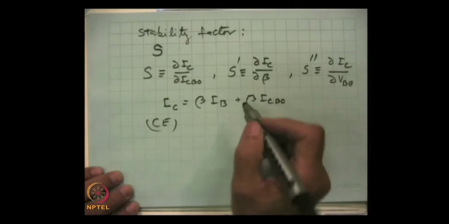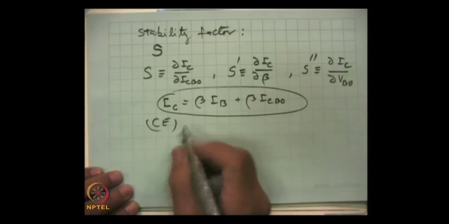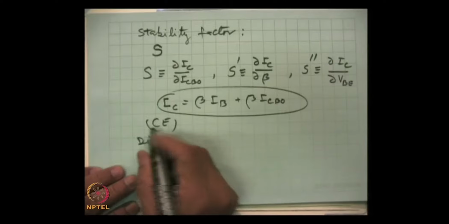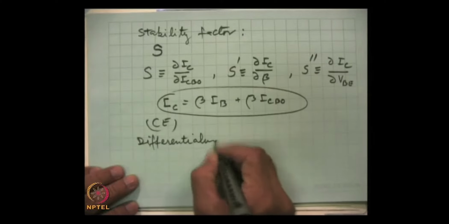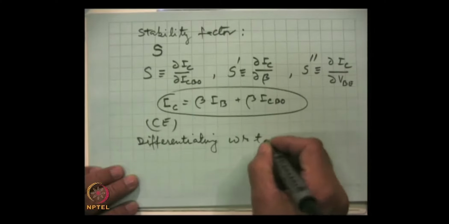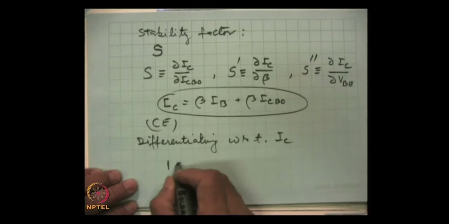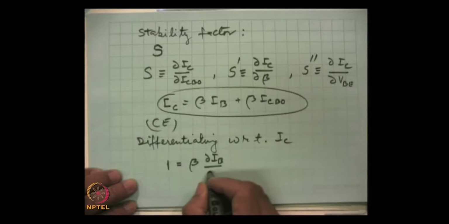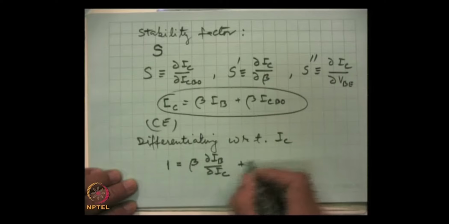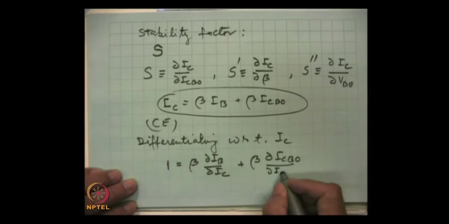If we, for example, differentiate this equation with respect to IC, then we will get 1 equals (1/beta) dIB/dIC plus beta dICBO/dIC.